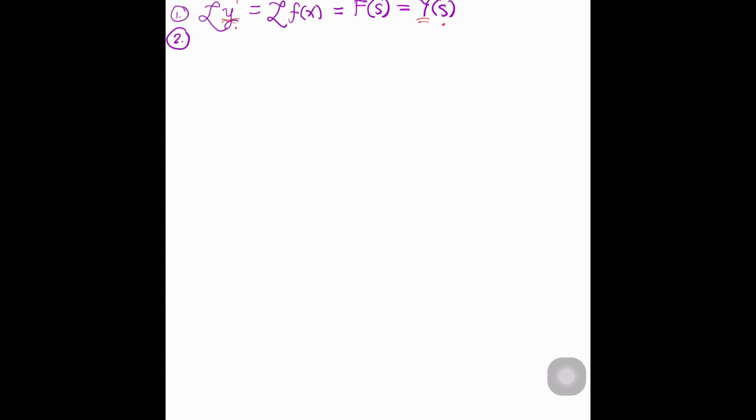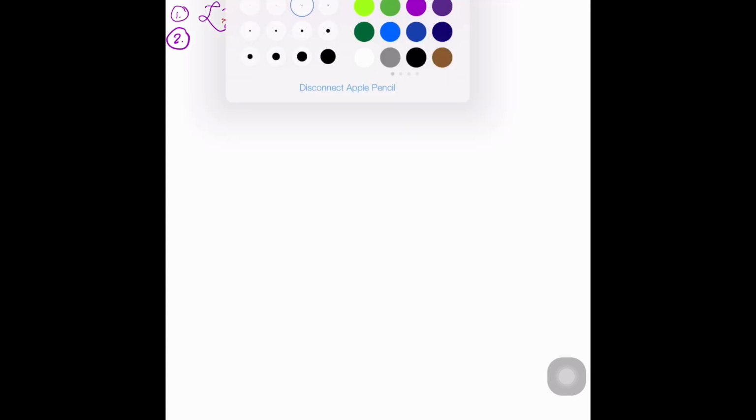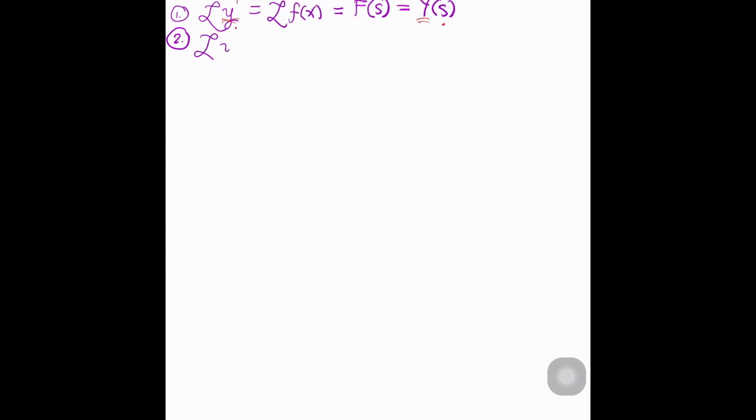And then getting the Laplace of y prime, or the first derivative, because we're dealing with derivatives. The right term is the differentials. So the first derivative of y, what is the Laplace transform of the first derivative of y? This is also equal to f prime of x, which we'll write in terms of y.